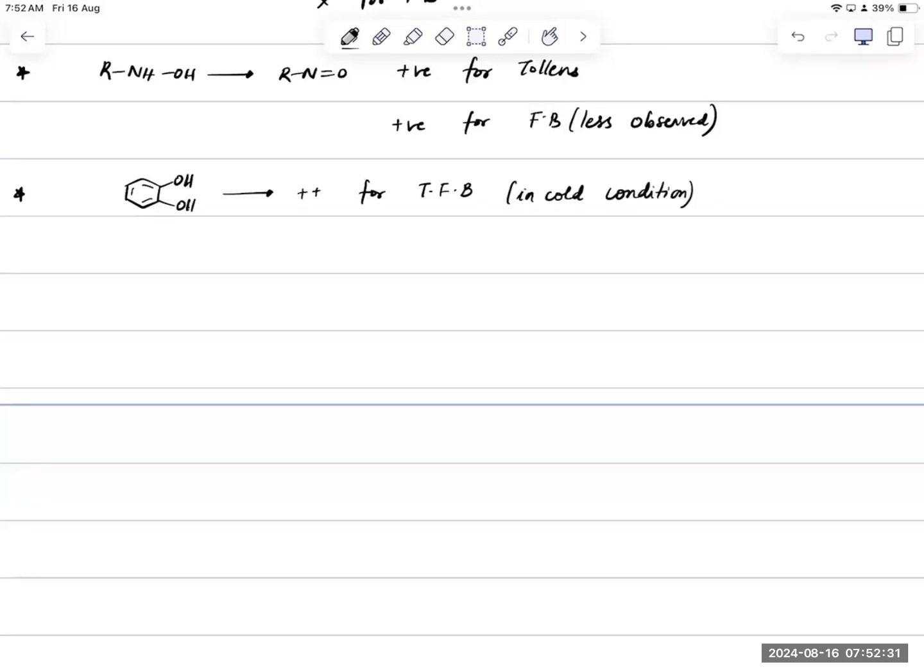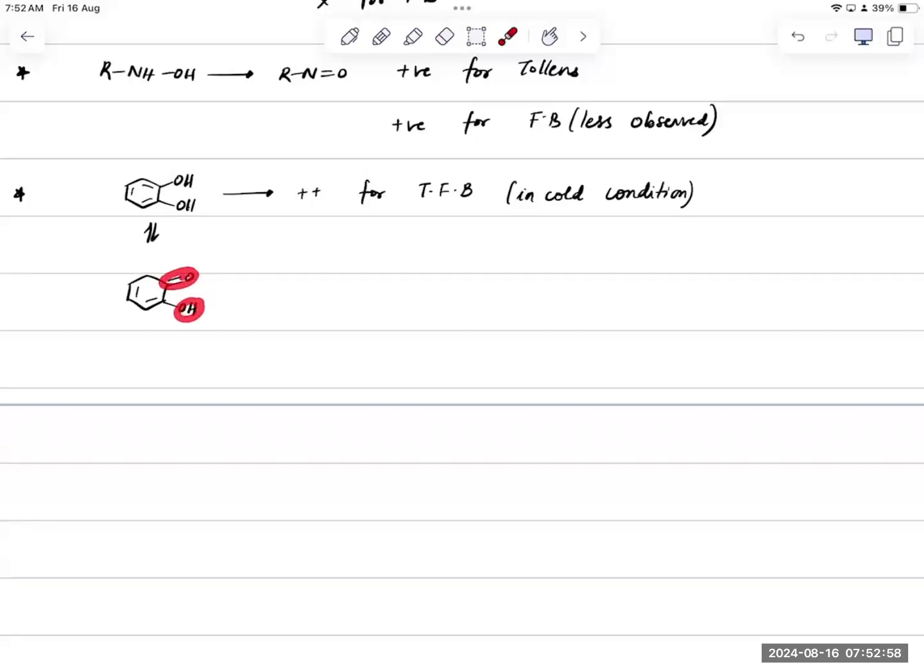You can write this in terms of its enol form, that is double bond like this with double bond O and OH. Now this will get oxidized. This part of double bond O, we can write it in terms of again, what do you say?